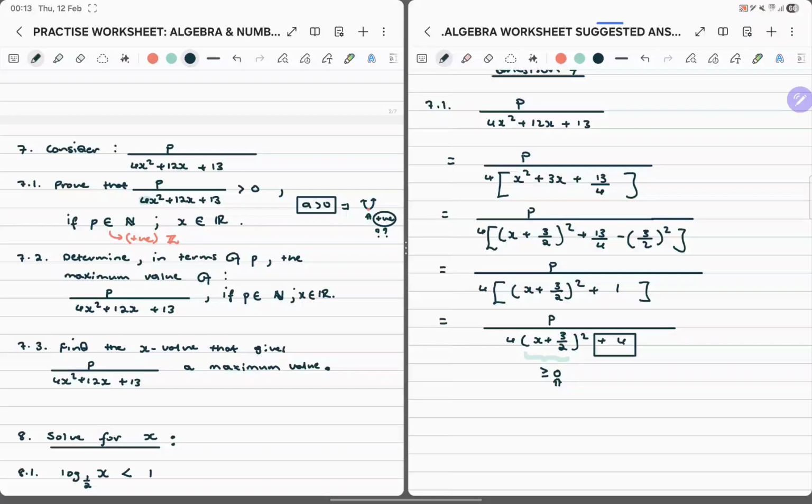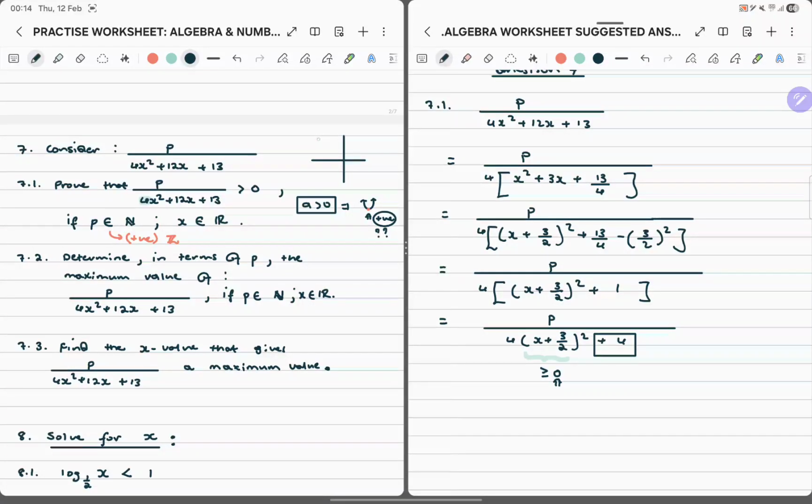So now we can clearly see, guys, that if the minimum value of this expression is positive for all real x values, then this thing is always going to be positive. It's one of those graphs that don't touch the x-axis. It's a graph like this. Of course, where will the turning point be? The left-hand side.